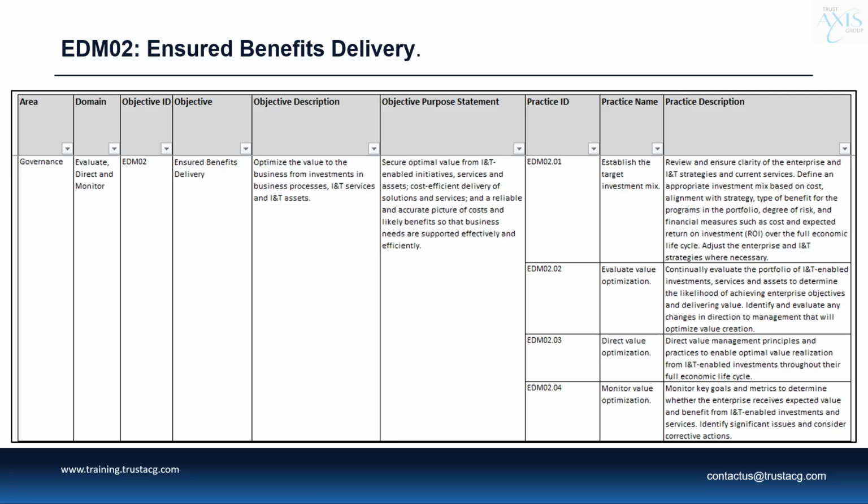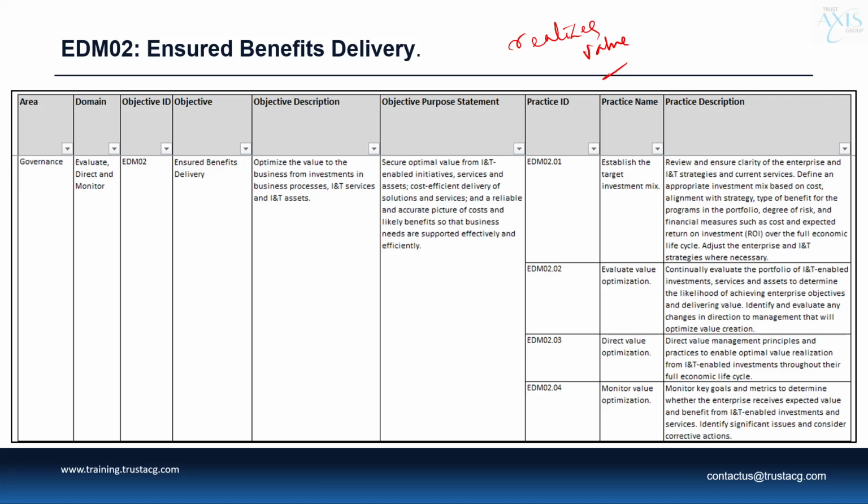And now, as introduced earlier, this objective focuses on ensuring that the organization actually realizes the value from the investments that are being done in the IT business unit, whether those investments are in new systems, digital transformation programs, or any of the ongoing IT services that are operating within the enterprise.